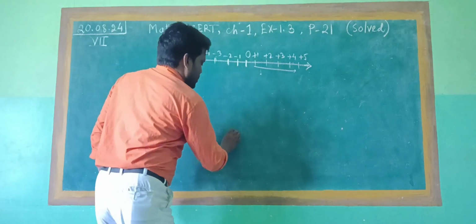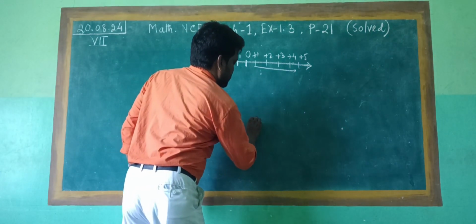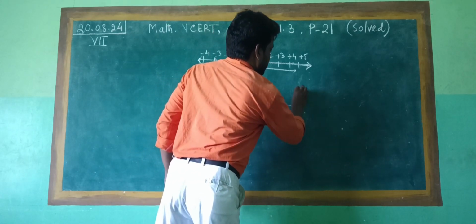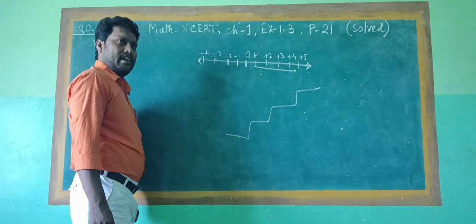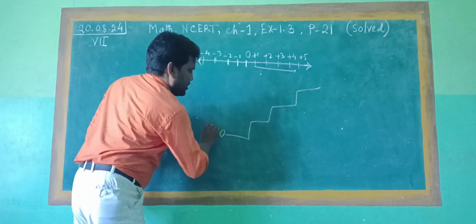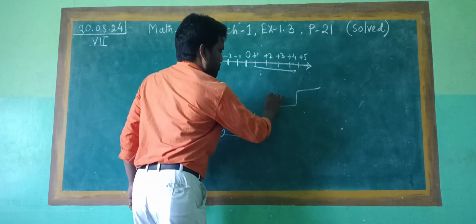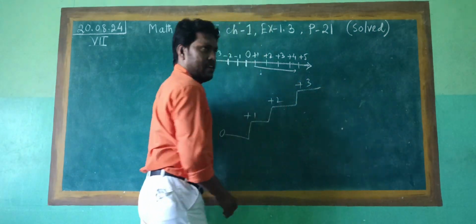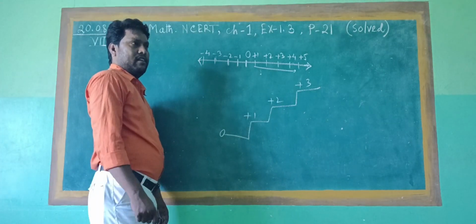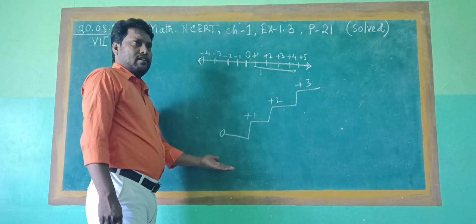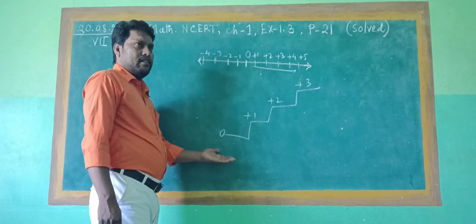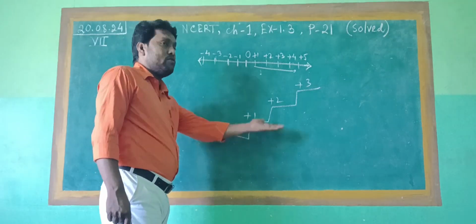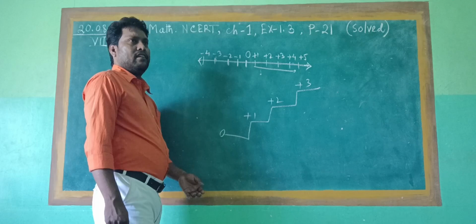Suppose these are the stairs. Now it is 0, +1, +2, +3. So you are traveling from the lower portion to the upper portion.